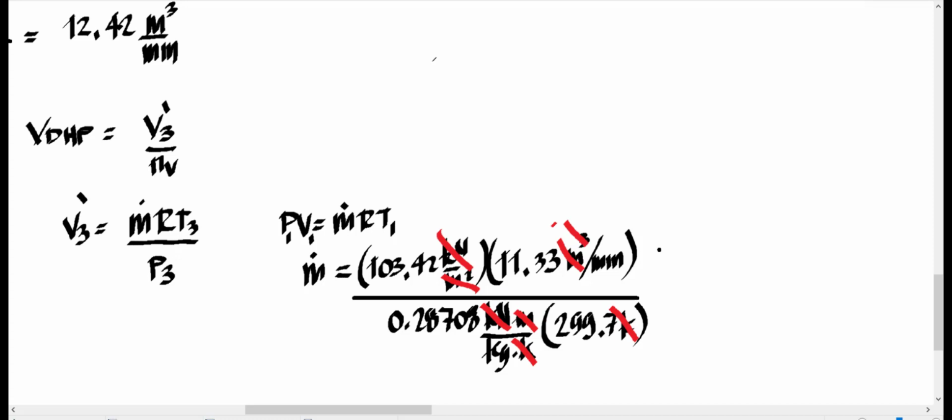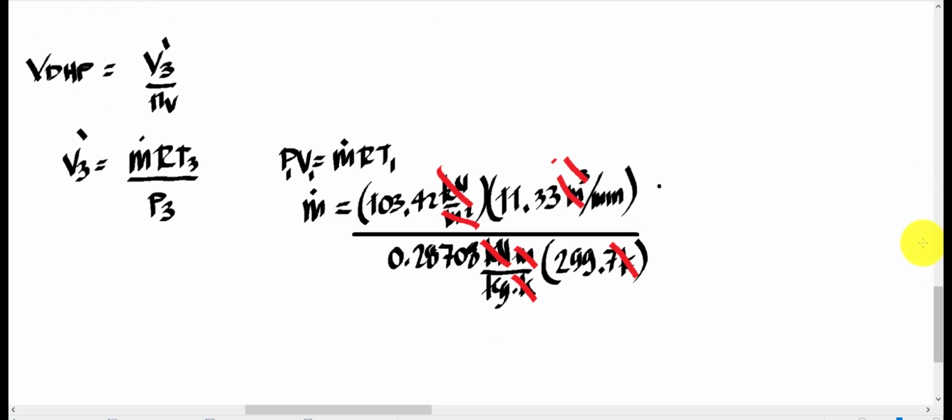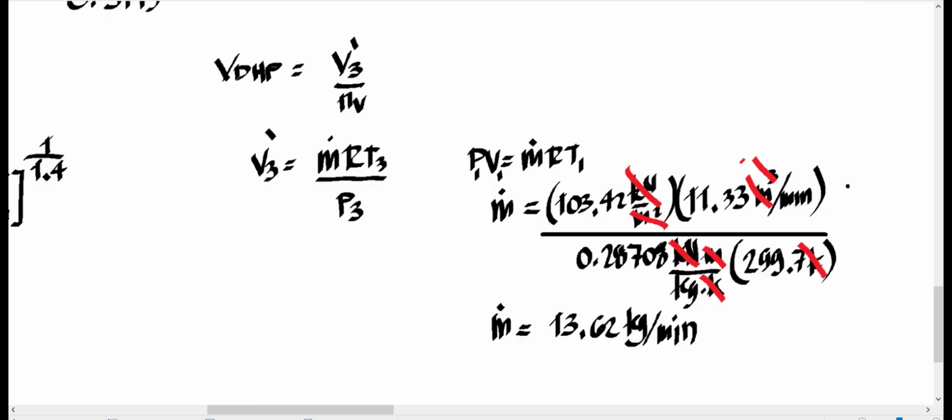Or another meter, sorry. So finally, we have your mass flow rate equal to 13.62 kilogram per minute.